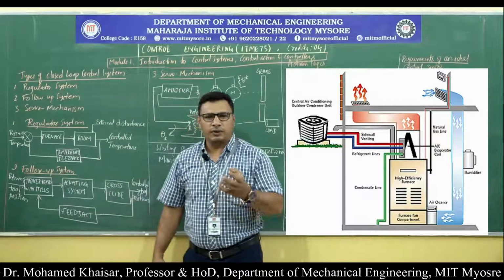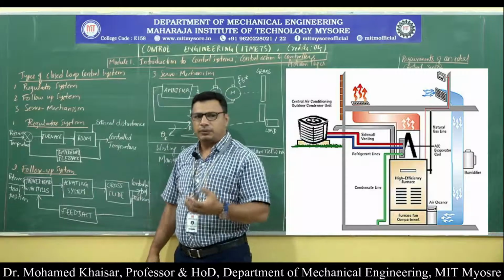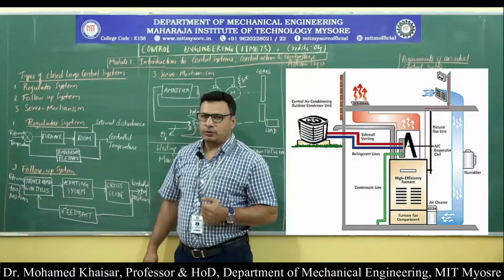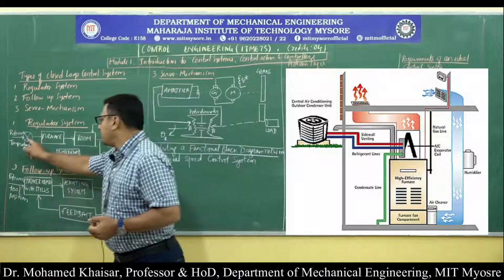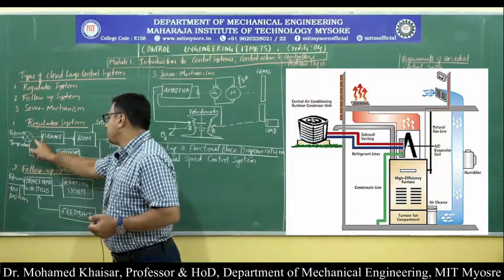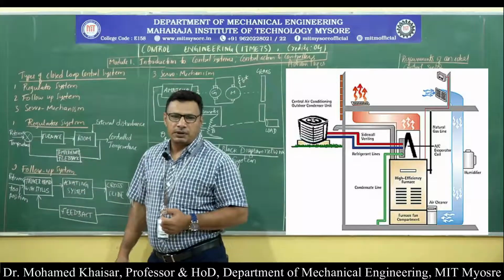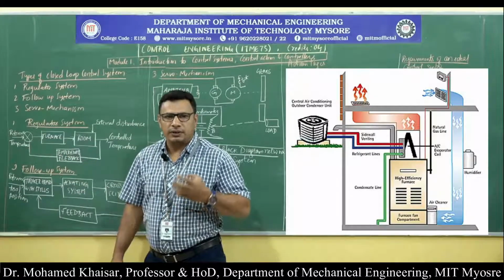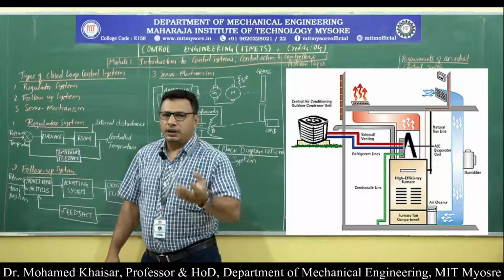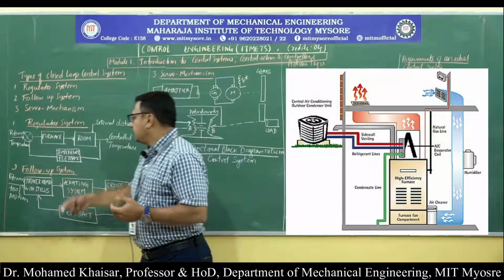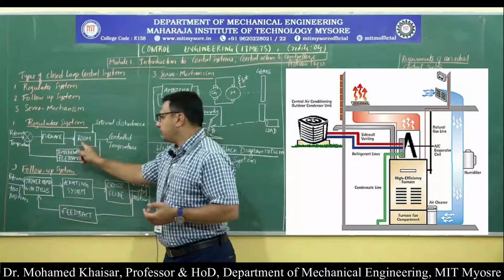To the thermostat we feed that in the room there has to be a temperature of 22 degrees centigrade. Then the thermostat sends the actuating signals to the furnace, wherein heating cycles are performed. The heat will be generated and released into the room vicinity. Then the temperature of the room rises.